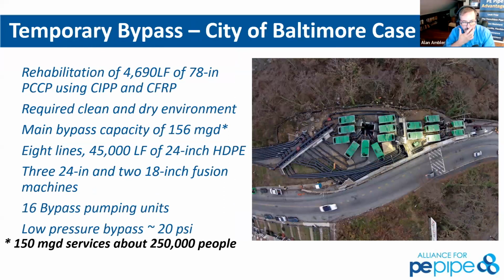This one I always love, because behind the scenes, as design engineers, we don't always focus on more than pipe installation or pipe rehabilitation. Those are the top two things we talk about, new installation or rehab, but we don't always look at temporary bypass. In very large diameters and long lengths, the temporary bypass can sometimes be far more complicated than the actual rehabilitation we're looking at to begin with.